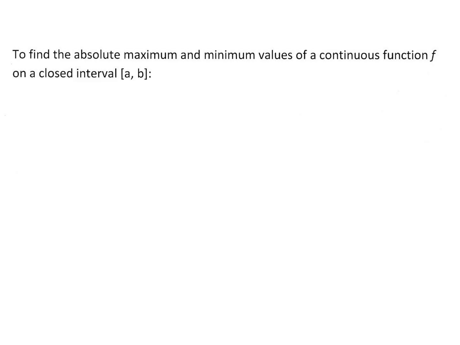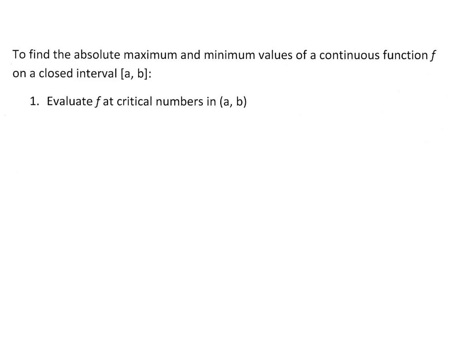All right, to find the absolute maximum and minimum value of a continuous function on a closed interval, here's what you're going to do. I know you have all this in front of you, but the first thing you're going to do is evaluate f at the critical numbers in AB. So you find the critical number, and then you figure out what the f value is at that number, okay?